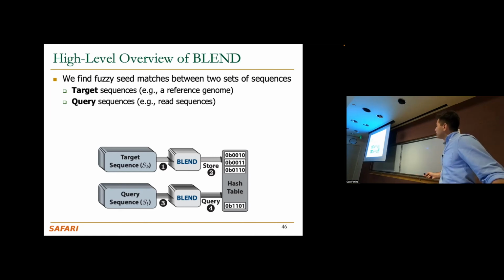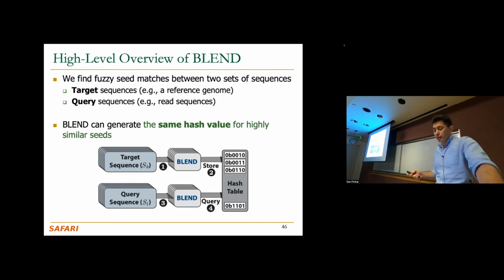As you also saw previously, we generate seeds and their hash values using BLEND for target sequences, and then we store them in a hash table, which is the indexing step. Later on, when the query sequences come, we again use BLEND and then query the hash table. This enables us to generate the same hash value, of course, for highly similar seeds, and also enables us to find approximate matches of seeds with a single lookup, because we can use the hash table directly using their hash values.